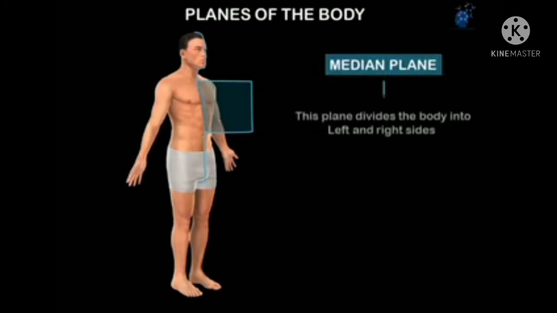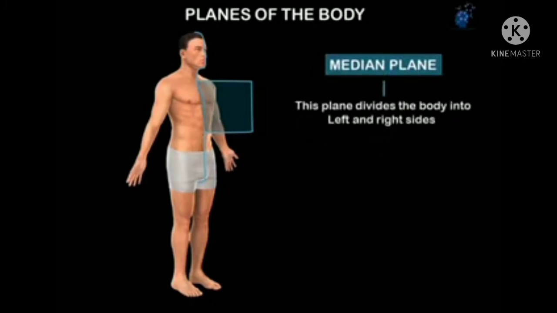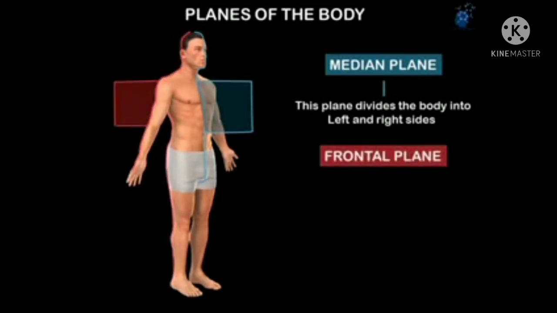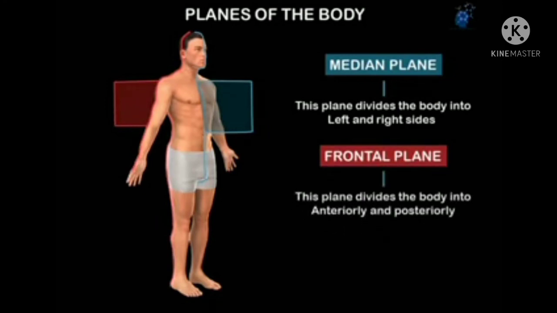Now the frontal plane, also known as the coronal plane, divides the body into anterior and posterior parts. As you can see on your screen, the red plane shows the frontal plane, and this plane divides the body into anterior and posterior parts.